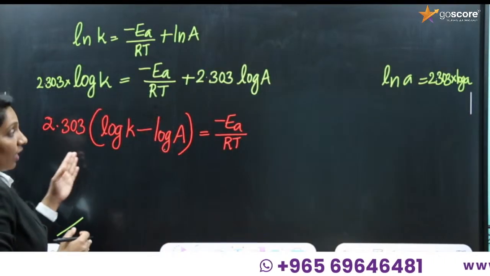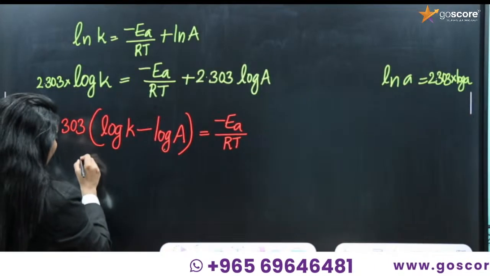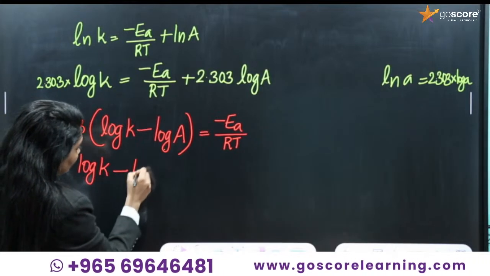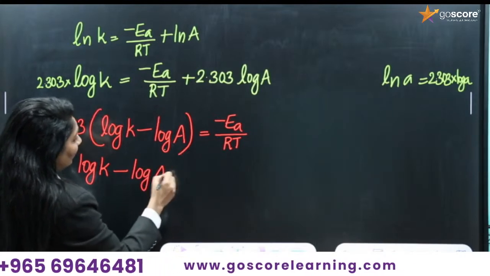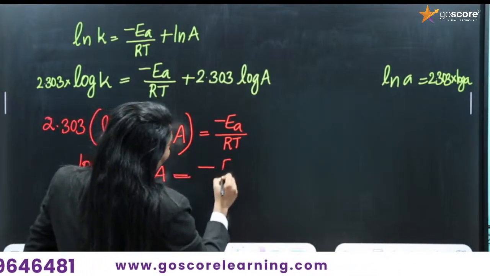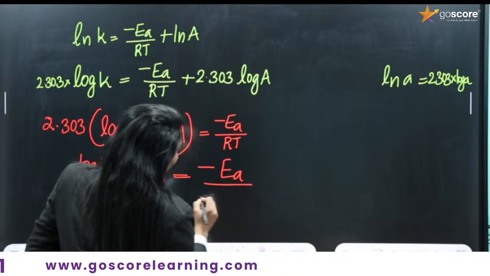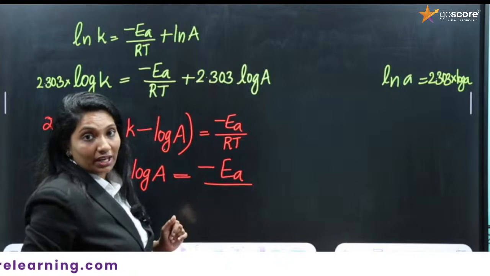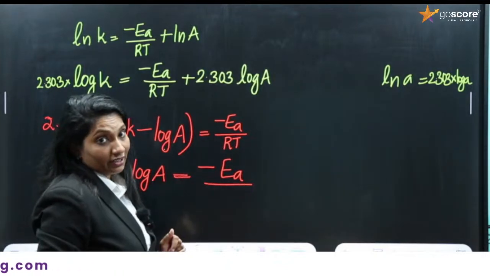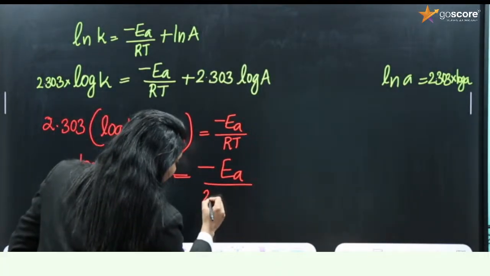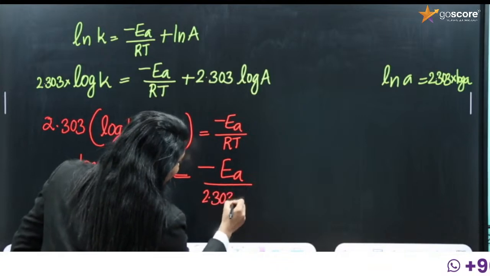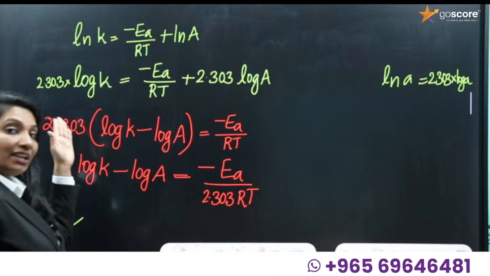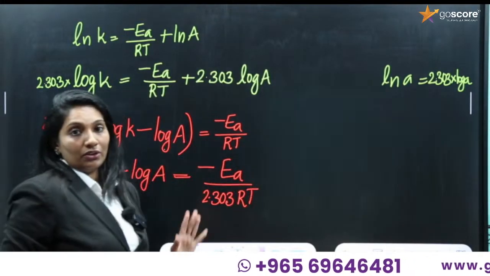Okay, so I can rearrange this equation as log K minus log A is equal to minus EA by, this 2.303 will be coming to the right side, then it will be divided by 2.303, right? Then it will be 2.303 RT. I took this 2.303 from this side to the right side.